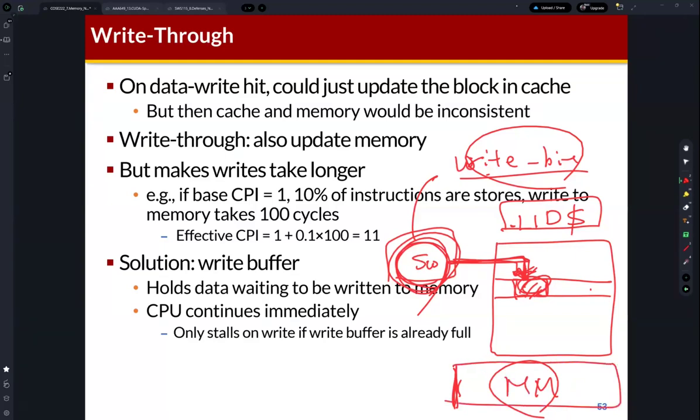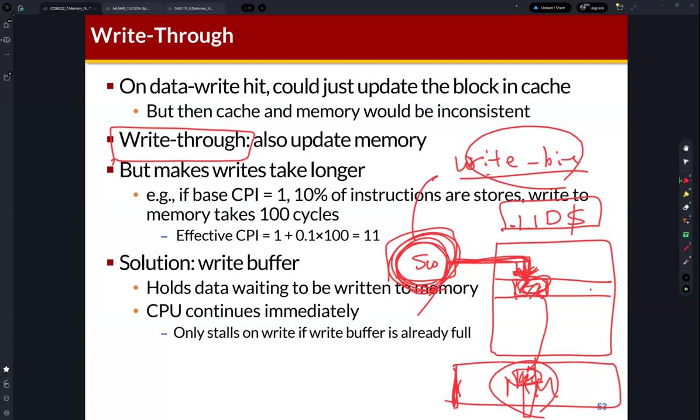So there are two possible scenarios. It's a write through scenario, so it's called the write through policy. Write through policy represents that if the store instruction is executed and the data is found in the cache, then the cache block is updated, and then immediately the main memory is also updated.